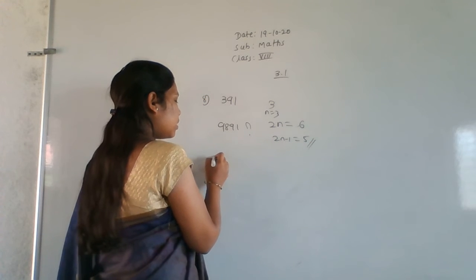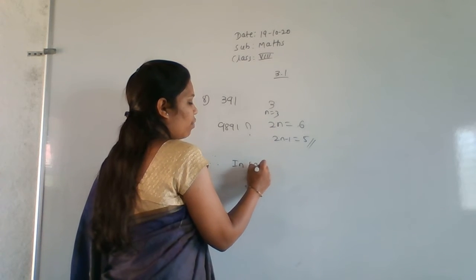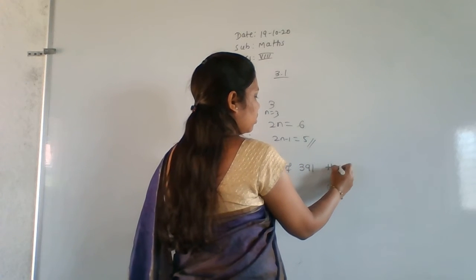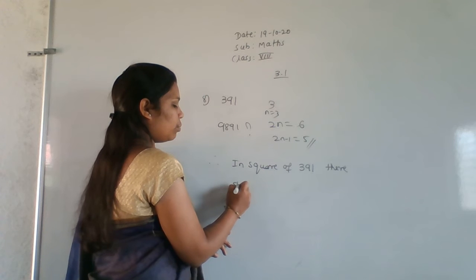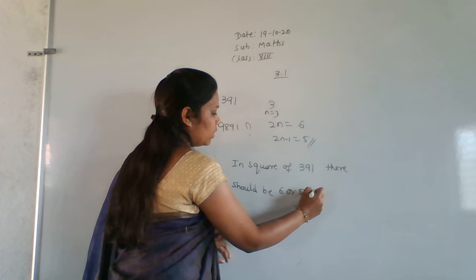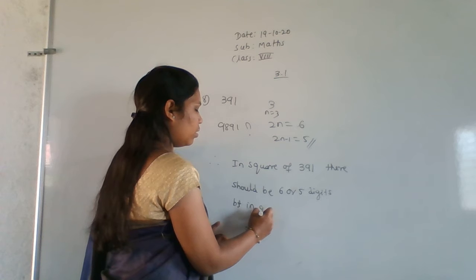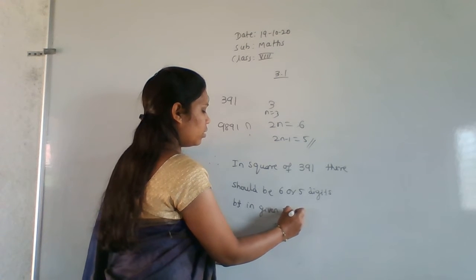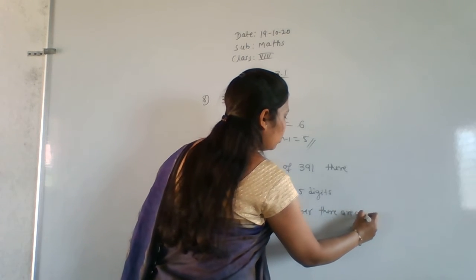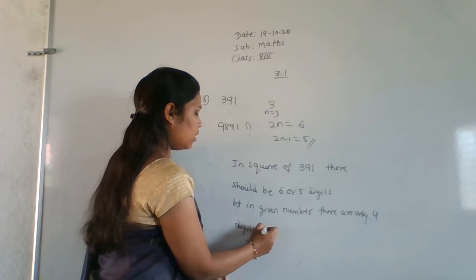So what is the reason you have to write? Therefore, in the square of 391, there should be 6 or 5 digits, but in the given number there are only 4 digits.